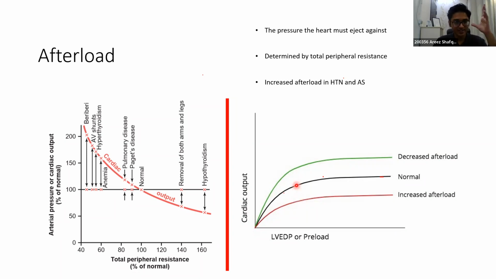If I vasodilate, cardiac output will increase, but the preload will stay the same. Venous return won't change. If I vasoconstrict, afterload will increase, so cardiac output will decrease. So I've shifted this curve down here, but preload is not changing. Okay? Does this make sense? Yes, thank you. Okay.